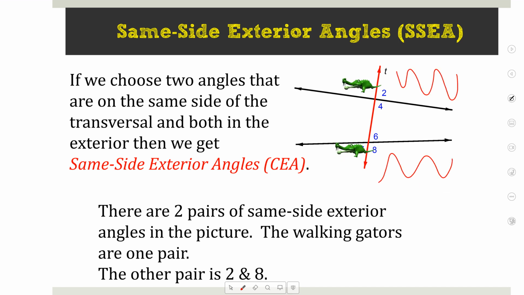So which side is considered the outside? Both. The stuff not between the other two lines. So the crocodile side's also an outside. Yes, these are same side exterior angles also. And then the other pair, like Meg said, is 2 and 8.